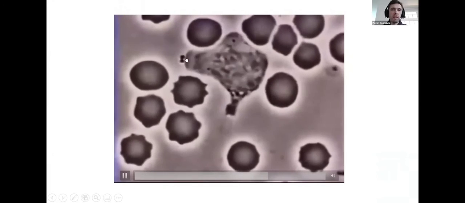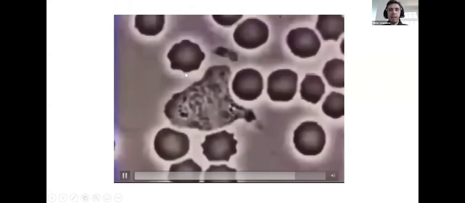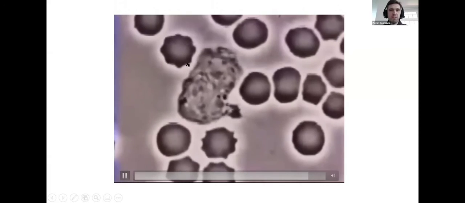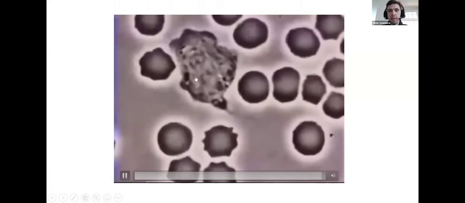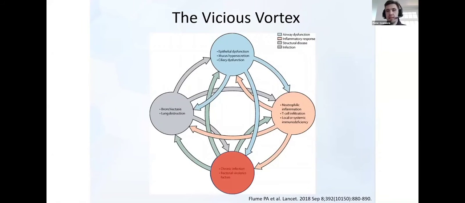Here you can see the white blood cell eating the bacteria finally, in search of its next victim. But in bronchiectasis, not only are these white blood cells increased, but the substances they produce are also increased and can cause deleterious effects if it's too much. But more on that in the talk by James.